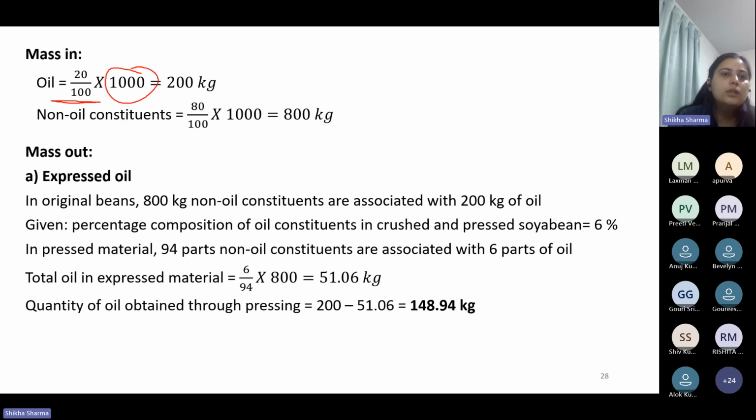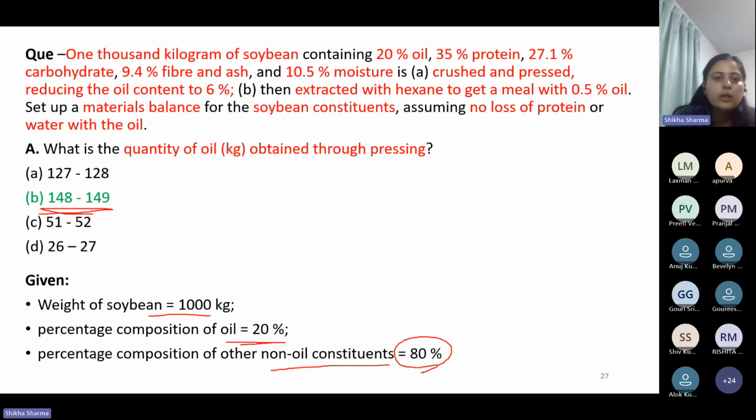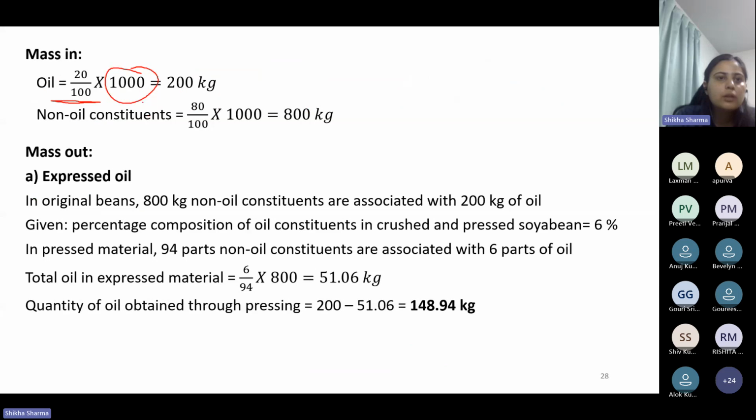In 1000 kg we have 20% oil, so 20 divided by 100 into 1000 is equal to 200 kg of oil, which is ingoing. The rest is non-oil constituents, 80% of 1000 kg, so 80 divided by 100 into 1000 is 800 kg. So 800 kg is the non-oil part and 200 kg is the oil part.